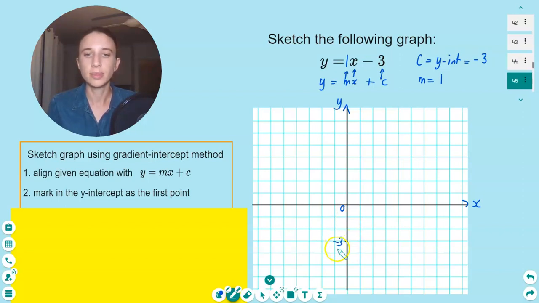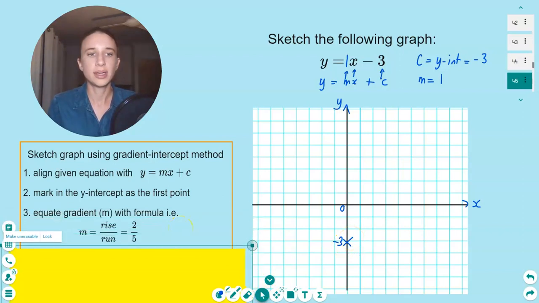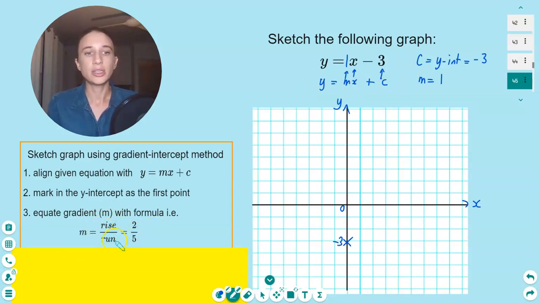Nice. Now I'm going to mark that as an X point. That's our first point. Now we look at that m value of the gradient and equate it with the gradient formula. So m is 1, which is the same as rise over run.